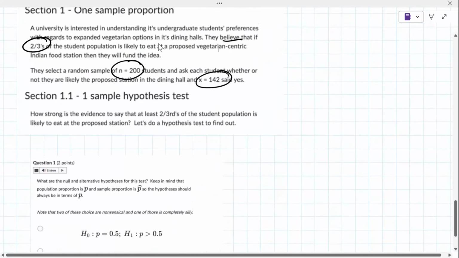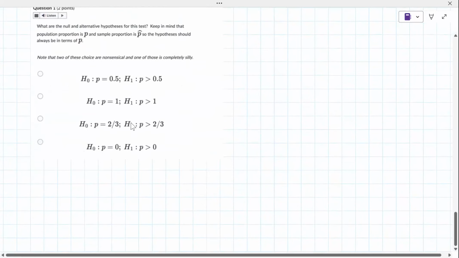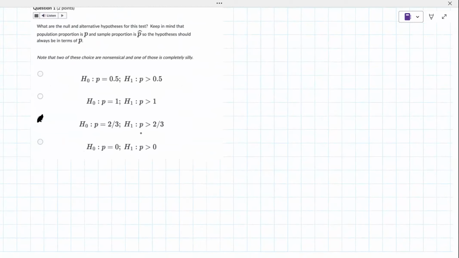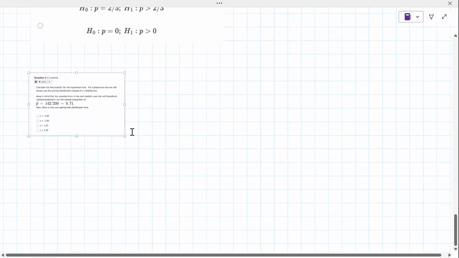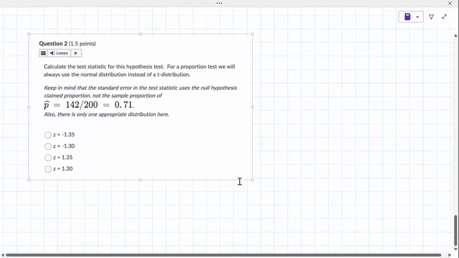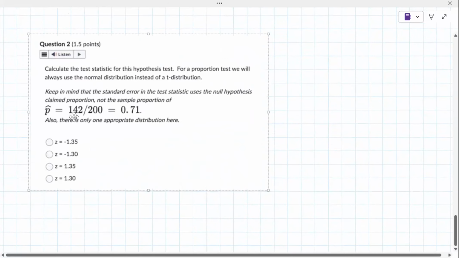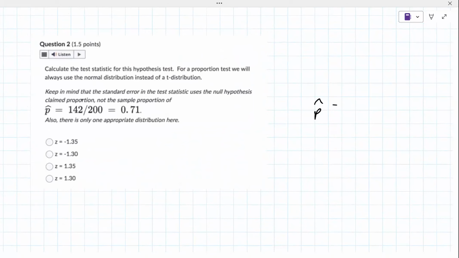But then the other thing is that we're also looking for whether, well, it says greater than. There should be some language in there that says like it's gotten better or worse, but I didn't see it in there. Now, question 2 already alludes to, we already alluded to this, that this p hat is x over n.